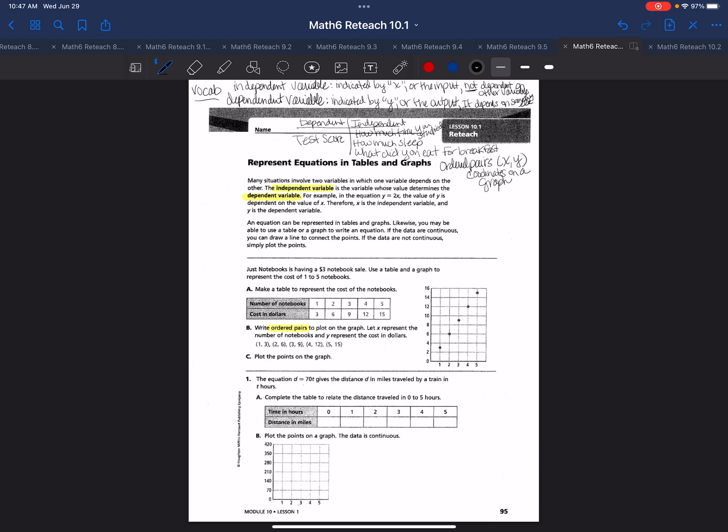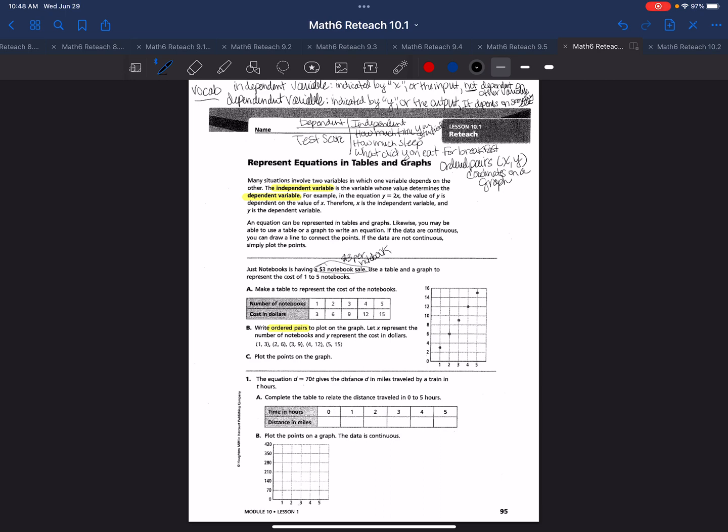Here's our first example. Just Notebooks is having a $3 notebook sale. Use a table or graph to represent the cost of 1 to 5 notebooks. It says $3 notebook sale, so we know that's $3 per notebook.